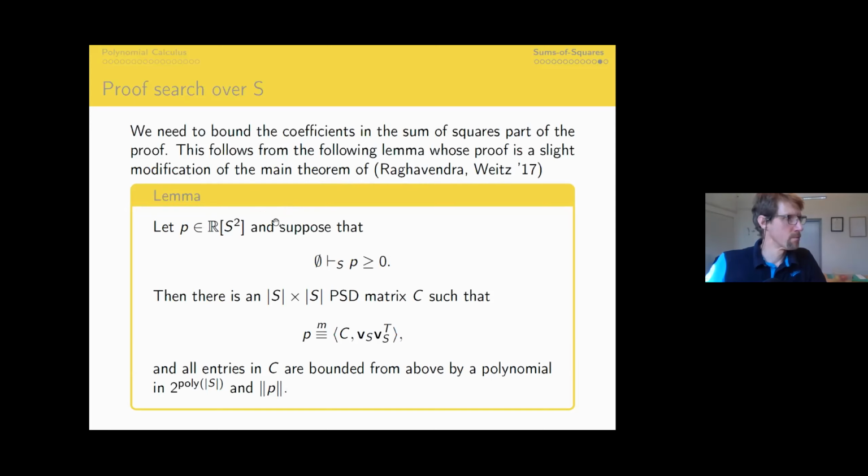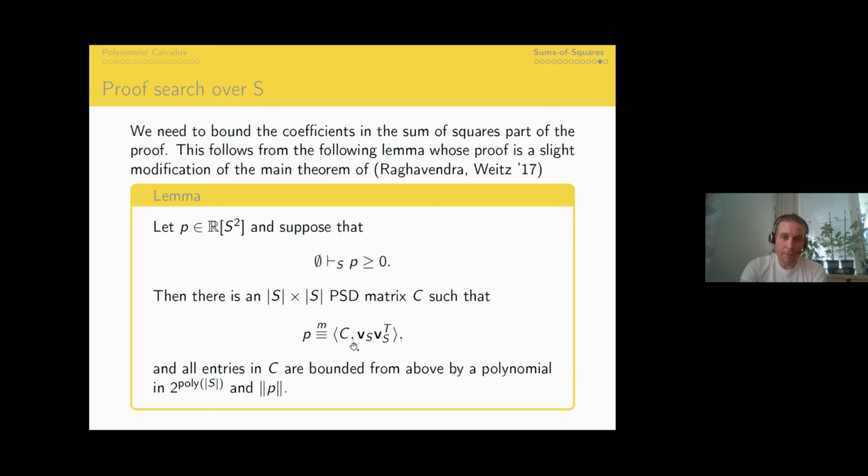Okay, so if one has some p that is a sum of squares modulo multilinearization, then one can always write it as equality modulo multilinearization of some PSD matrix times this. So this is the vector of all monomials in S basically.